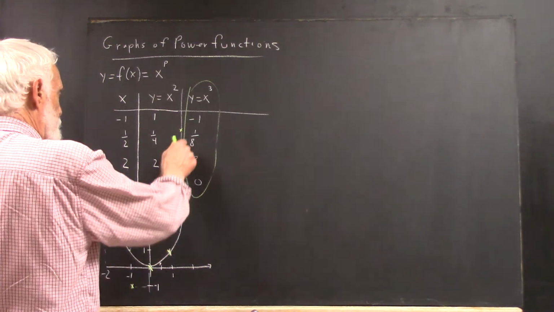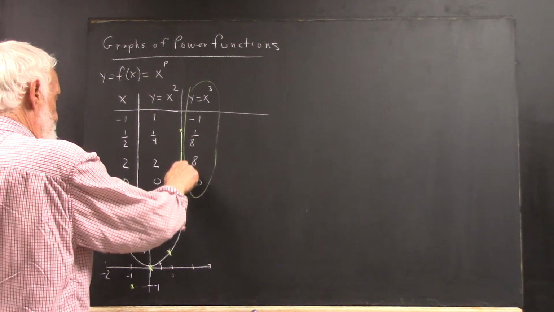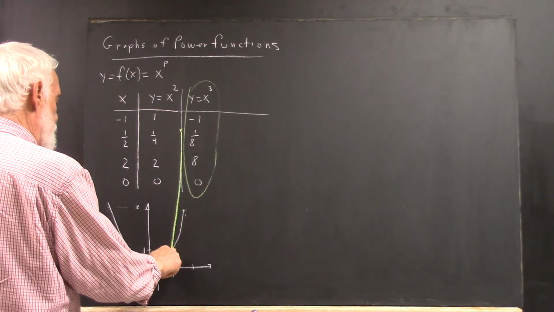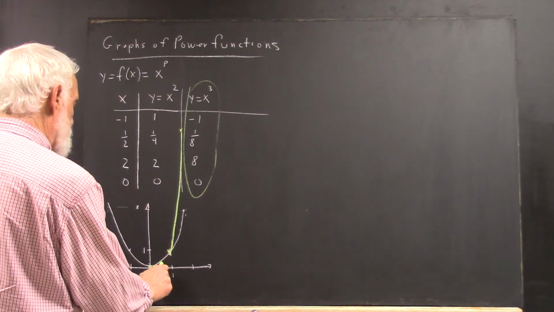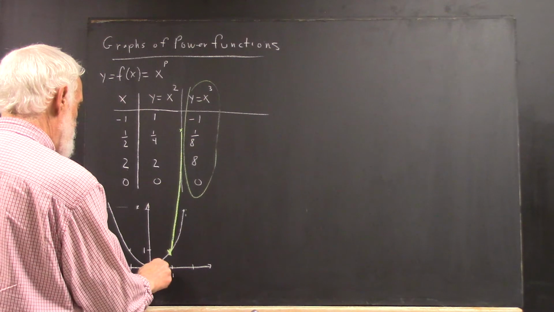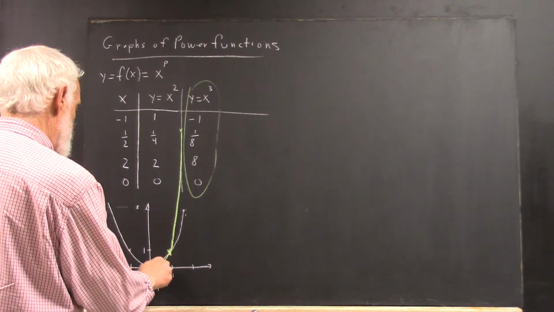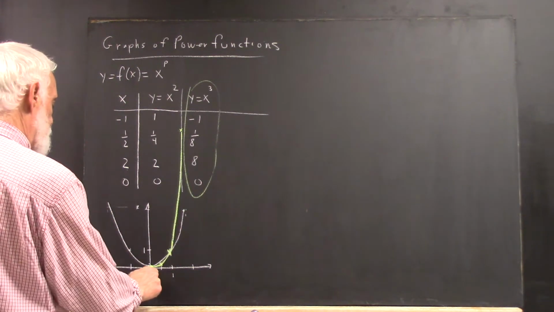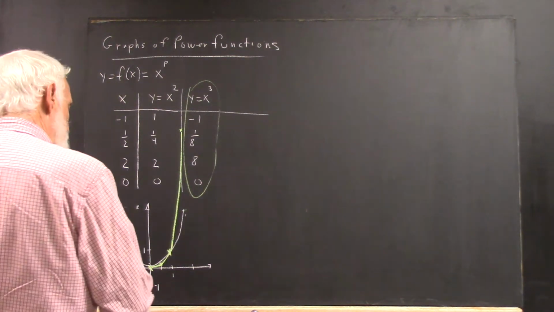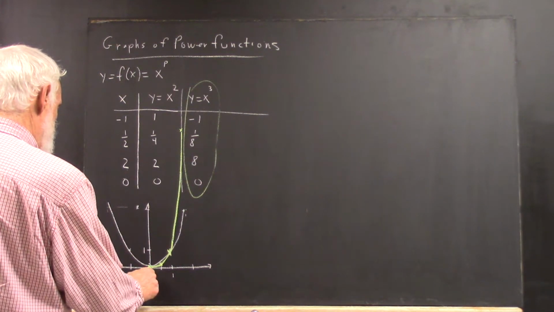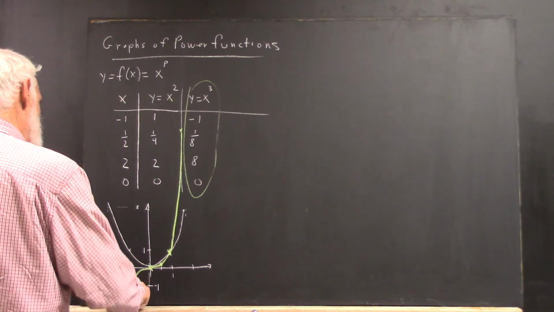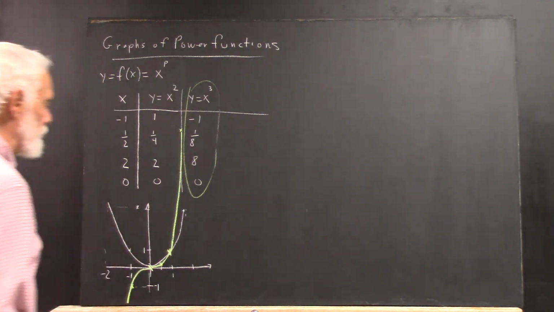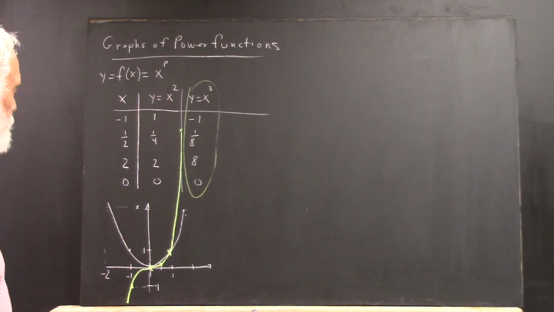So the graph is going to come down like this. Oh yeah, and at 1/2, we're going to have 1/8. Okay, so it's going to flatten out even more than the x squared graph. Then it's going to do the same thing on this side. It's going to be very flat, and this is going to get very steep. And there's our graph of x cubed.